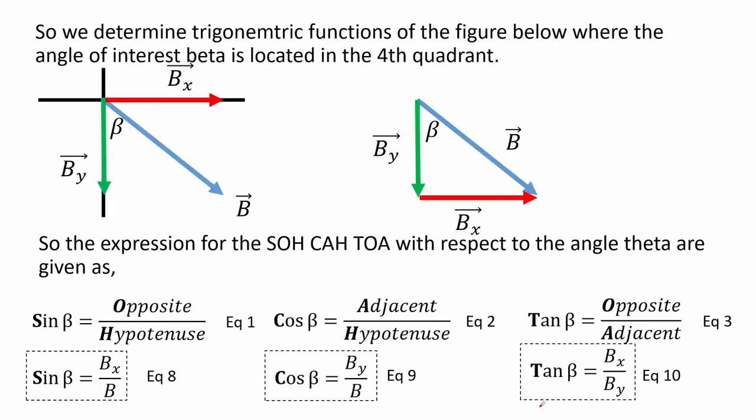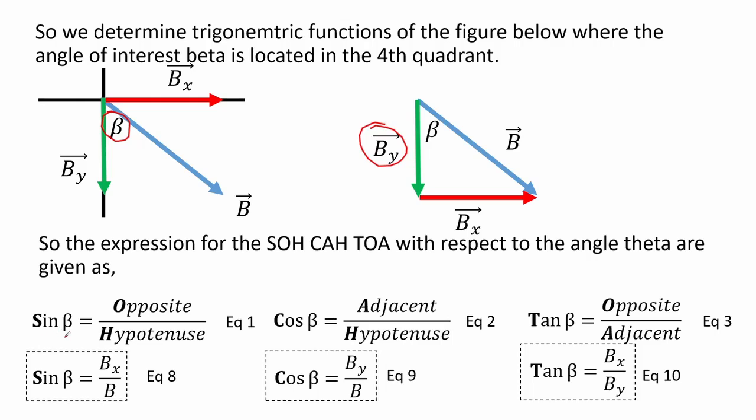So we determine the trigonometric functions for the angle beta, which is positioned in the fourth quadrant. We see that the y component is oriented downwards, and this should give a negative value for its direction, but in this case we are only interested in how to write the trigonometric function, thus we only utilize the scalar values or magnitudes. To write the trigonometric functions we use equations 1 to 3.